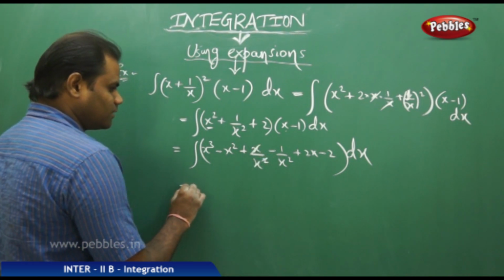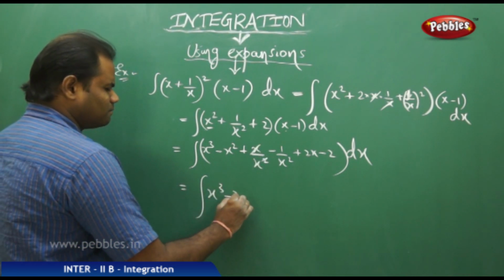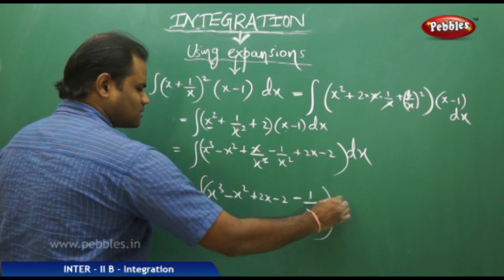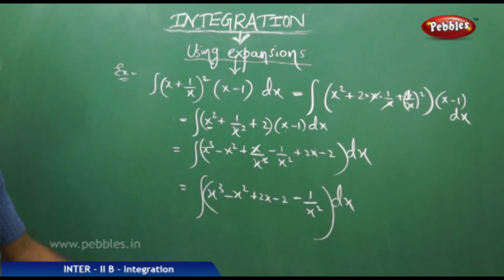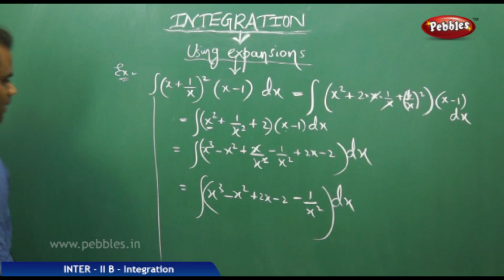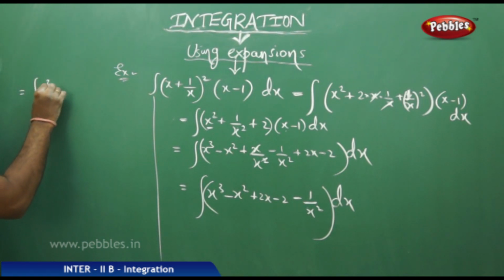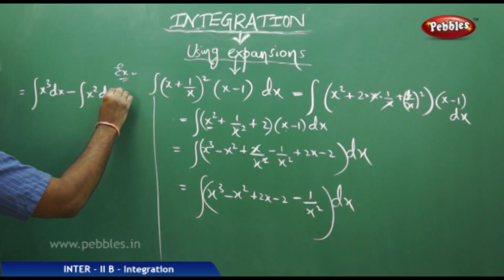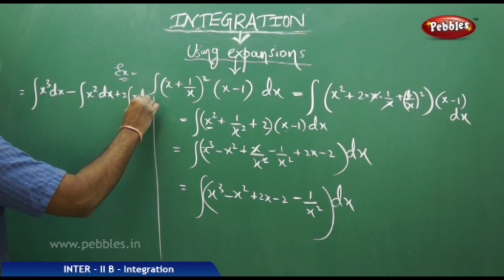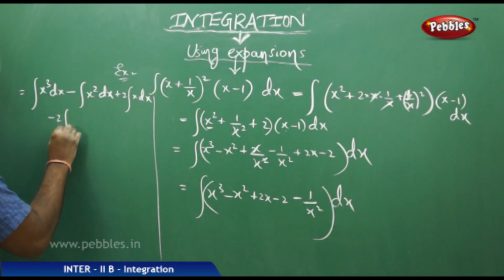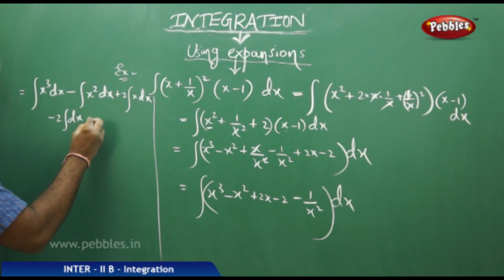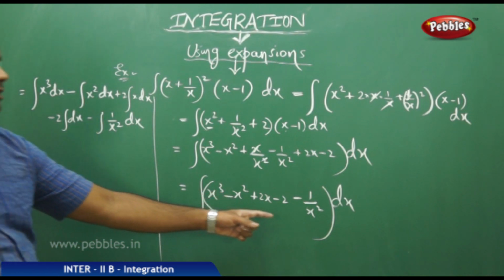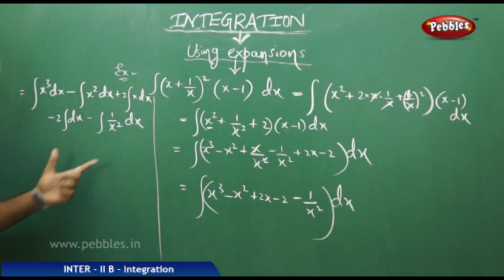This on further simplification reduces to x cubed minus x squared plus 2x minus 2 minus 1 by x squared dx, and hence I'm going to split the factors: integral x cubed dx minus integral x squared dx plus 2 integral x dx minus 2 integral dx minus integral 1 by x squared dx, when I split the integral with respect to each of the terms.